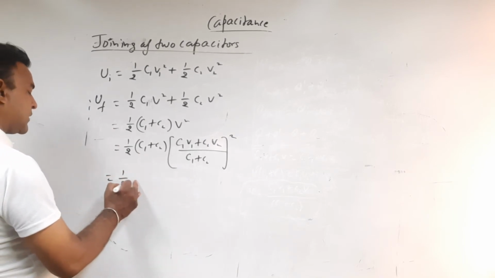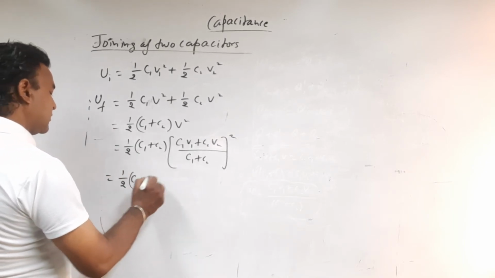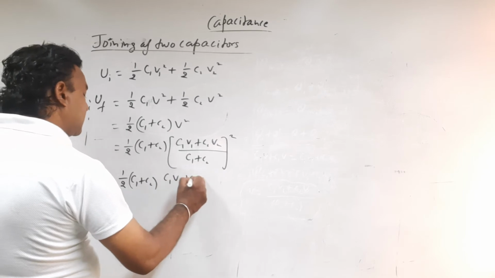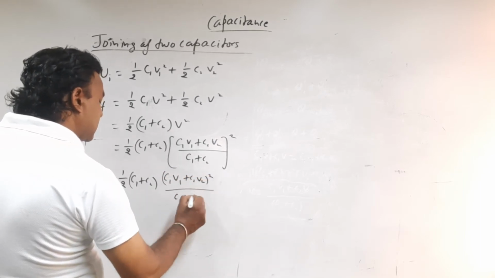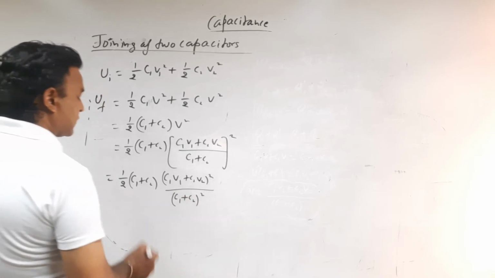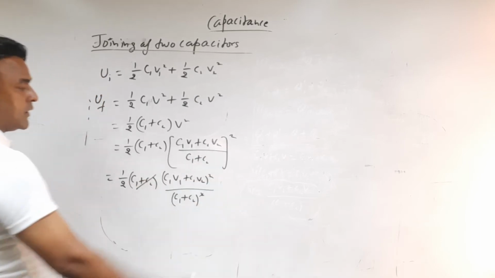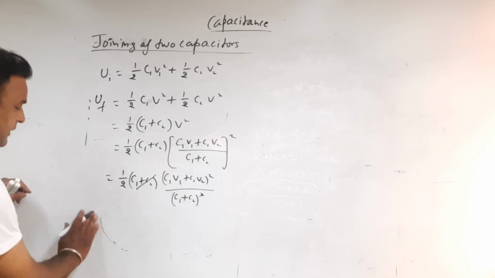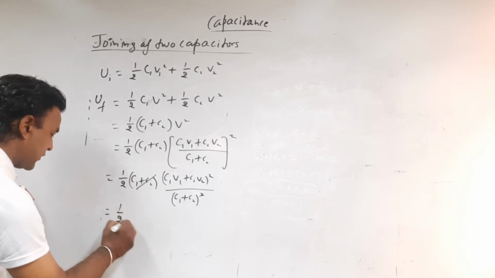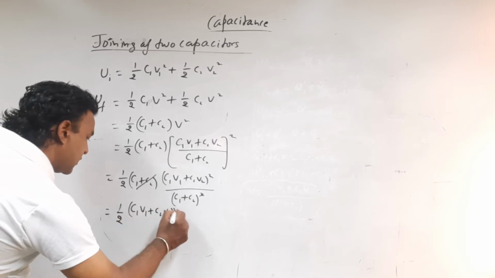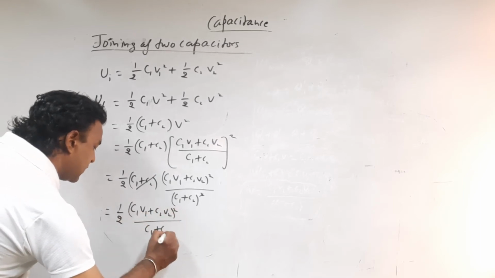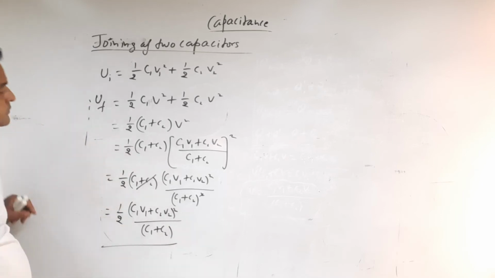It's very clear that 1 by 2 C1 plus C2, C1 V1 plus C2 V2 whole square by C1 plus C2 whole square. One C1 plus C2 is cancelled, and then it is 1 by 2 C1 V1 plus C2 V2 whole square by C1 plus C2.